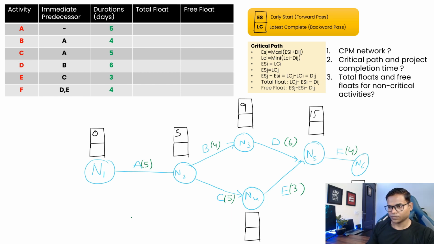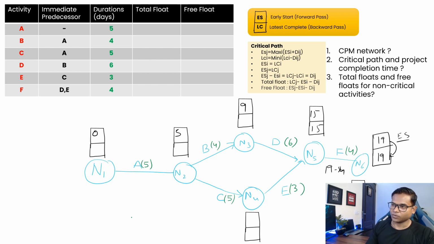So there should be your 19, right? This is your earliest start. Now for the backward pass, your last node will simply be the same as 19. Now we move to node 5, so 19 minus 4 should be 15. There's only one activity going out from here, so we'll take 15.